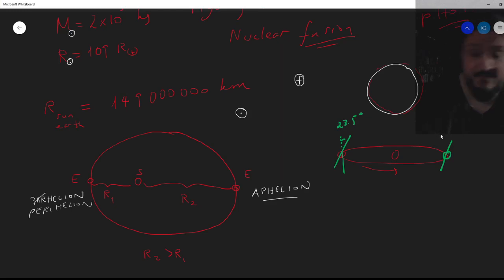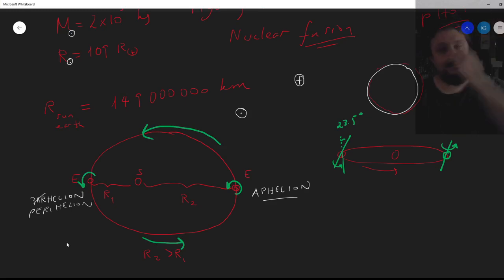The tilt never goes away. So it's spinning like this. If the Earth is here, it's spinning this way, while it's also moving around the sun that way, but it's also spinning like this. It's just tilted.